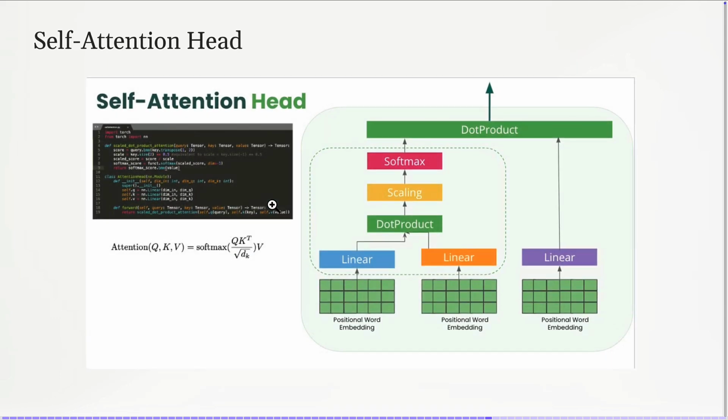Okay, this is just another drawing of the self-attention head. You have positional embedding. You make projections into different spaces: the value space, the key space, the query space. Dot product between the query and the key. You do the scaling, dividing by the square root of the dimension of the key. Apply the softmax for the normalization of the values. You have the attention weights here.